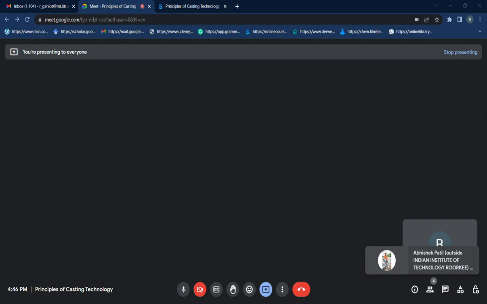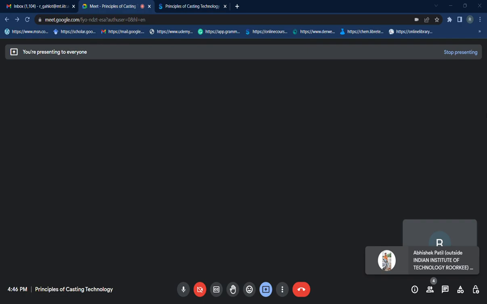These are casting defects. Can you tell which one is which defect? The first one is incomplete fusion, we can say. There is a particular name for all these.